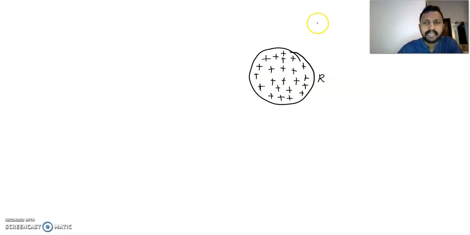For that, let's say we are considering a point which is outside, and the distance from the center to this particular point is small r. Then the potential at a point outside will be equal to the potential due to a point charge, and as we know, the potential due to a point charge is kq by r.